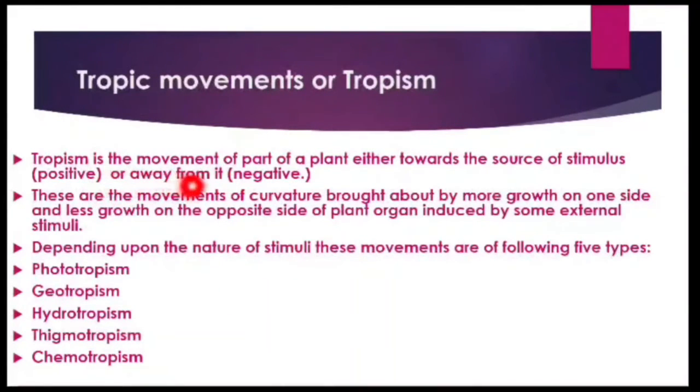These are movements of curvature brought about by more growth on one side and less growth on the opposite side of a plant organ, induced by some external stimuli. Depending upon the nature of stimuli, these movements are of the following 5 types: phototropism, geotropism, hydrotropism, thigmotropism, and chemotropism.